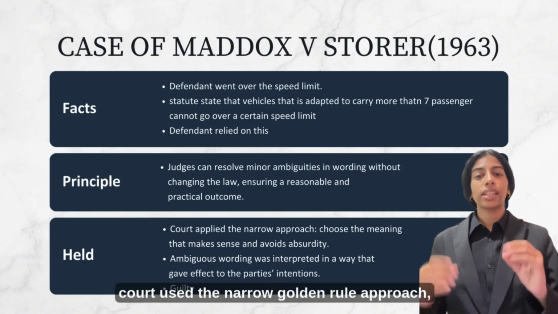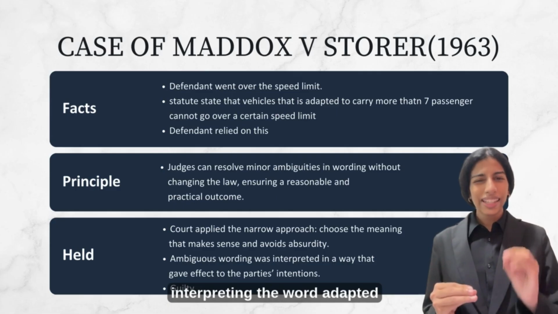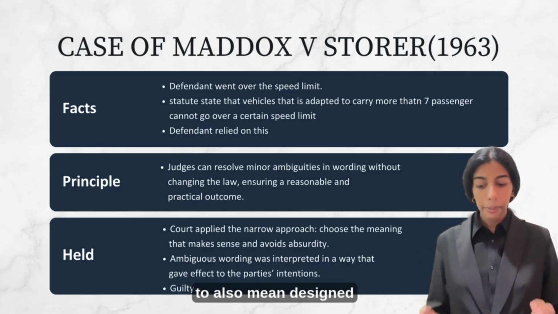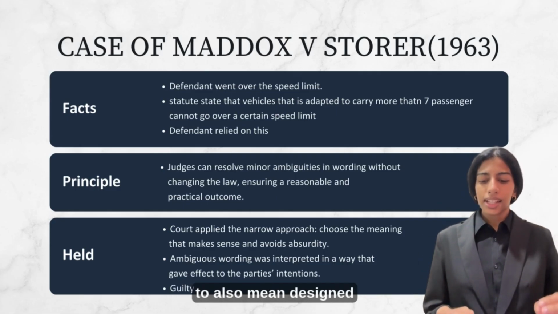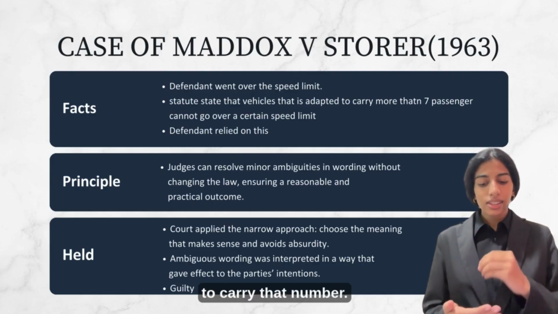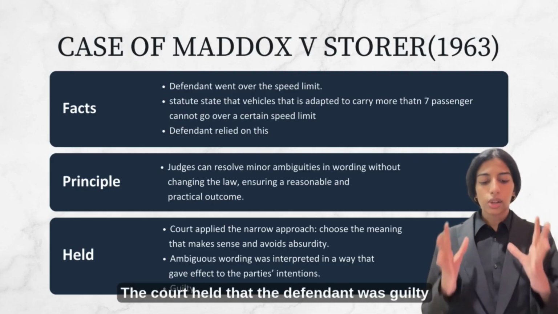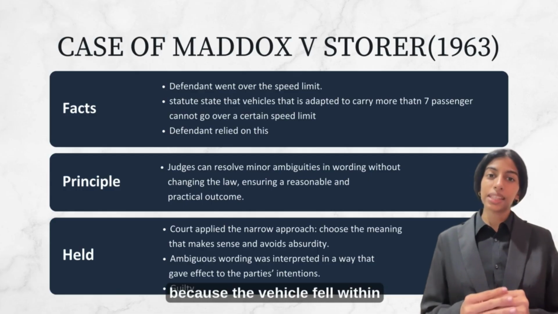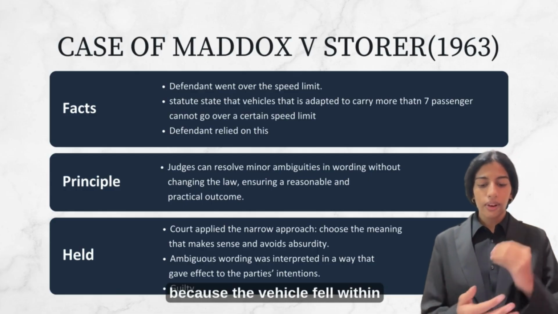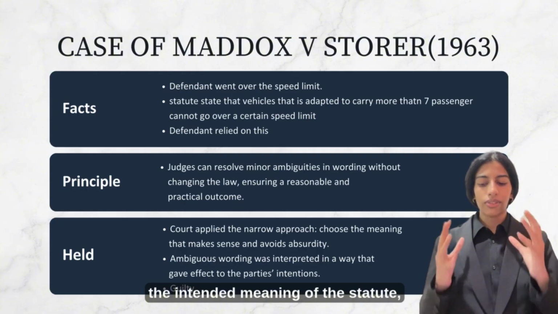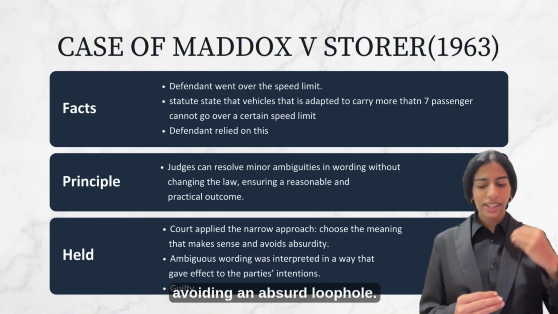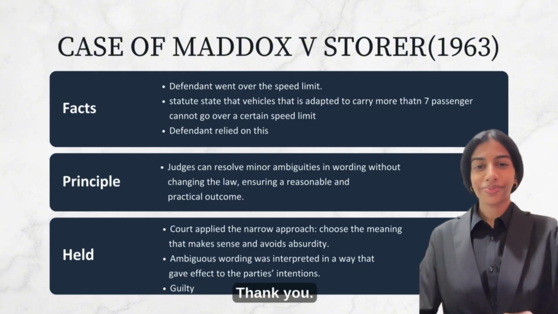The court used the narrow golden rule approach, interpreting the word adapted to also mean designed to carry that number. The court held that the defendant was guilty because the vehicle fell within the intended meaning of the statute, avoiding an absurd loophole.